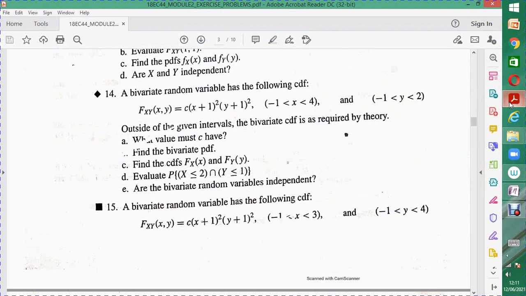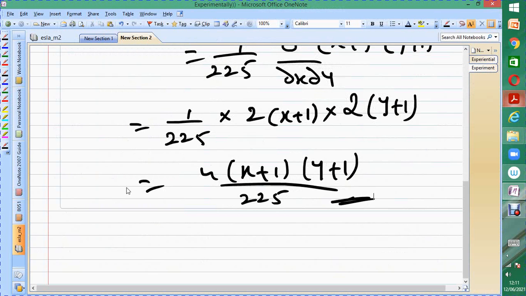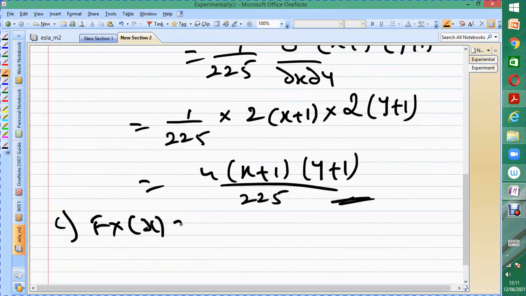In the third part, we are asked to calculate the CDFs Fx(x) and Fy(y). We'll see how to calculate each of them. First we'll take up the calculation of Fx(x).